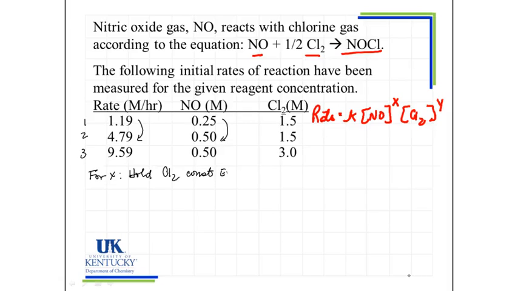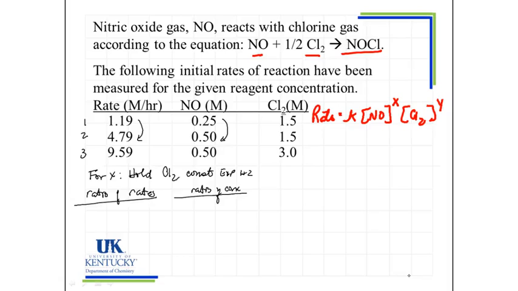So we're going to be looking at experiments 1 and 2 for this. Take a ratio of the rates for those two experiments and a ratio of the concentration of NO for those two experiments.